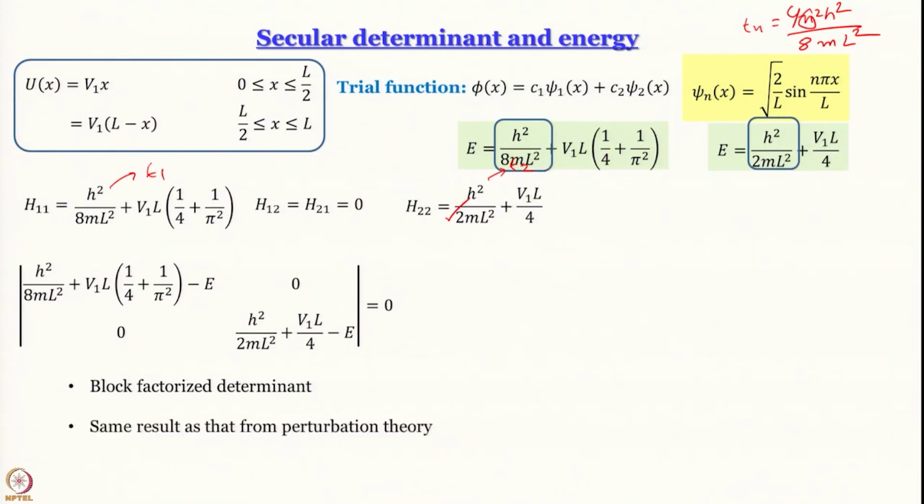Now, if you did this same treatment from perturbation theory, which we are not doing explicitly, you would get the same result, and we should be willing to believe that, because the result is definitely in line with perturbation theory. The 0th order energy plus a first order correction, that is what you get. So, these two theories are in agreement.